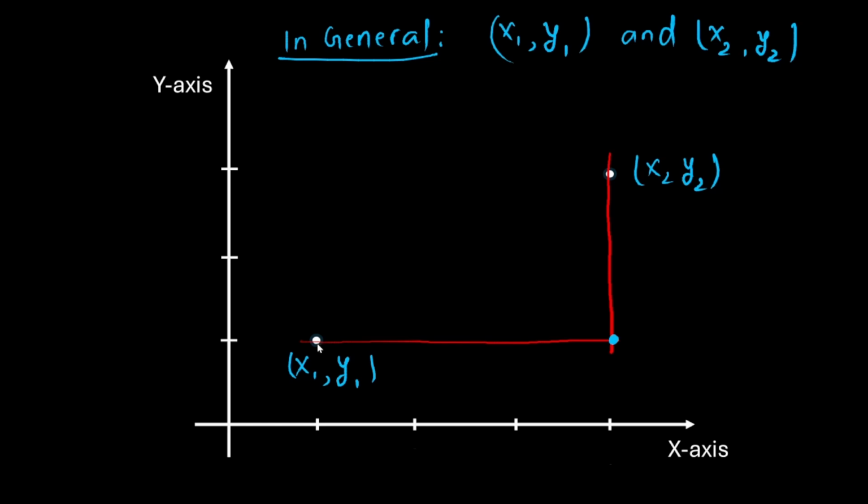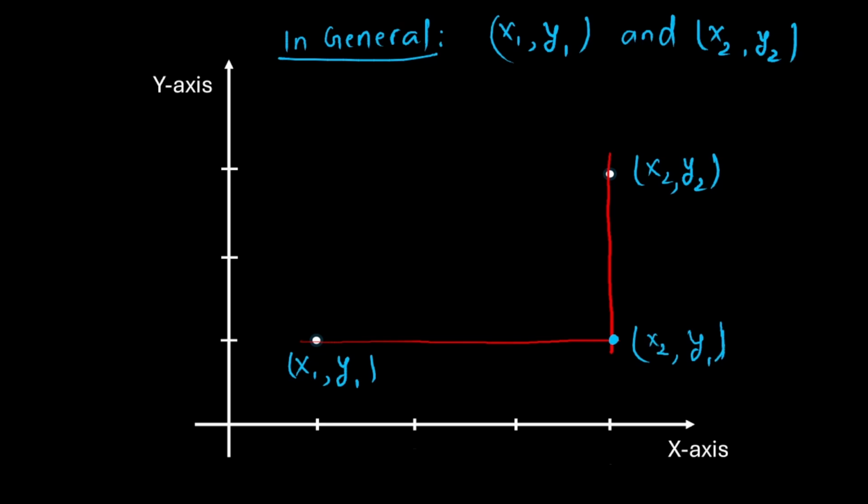As you can see, this point is at height y1, so its y coordinate is y1. And about its x coordinate, as you can see this point (x2, y2) has x coordinate x2, so x2 is also the x coordinate of this point. So (x2, y1), right?